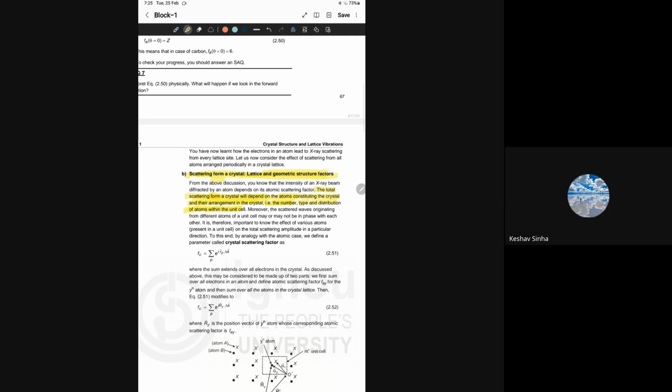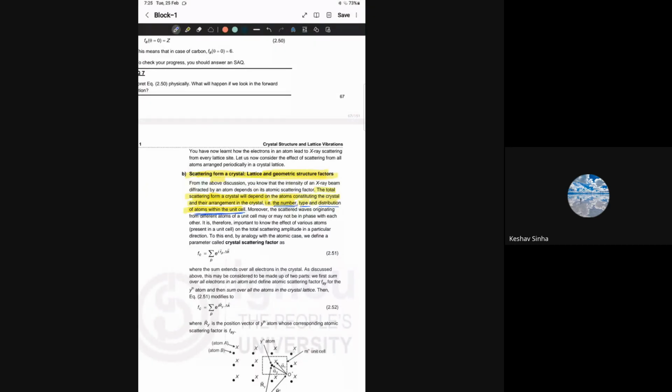Number means we are considering whether it is FCC, BCC, base centered, simple cubic, primitive, and then type: what are the types of the basis atoms or basis molecules, and the distribution of atoms within the unit cell.